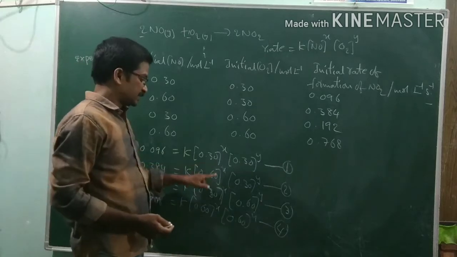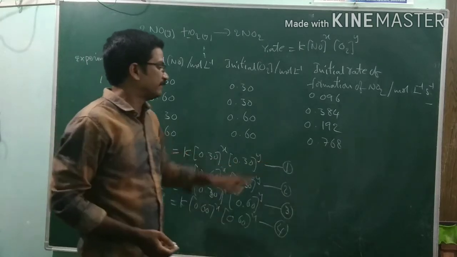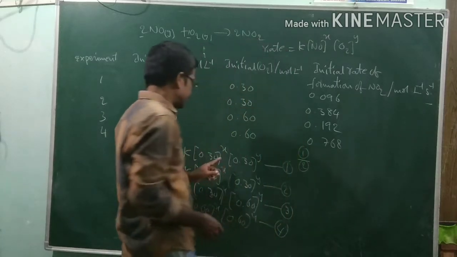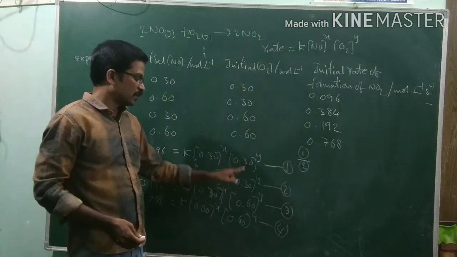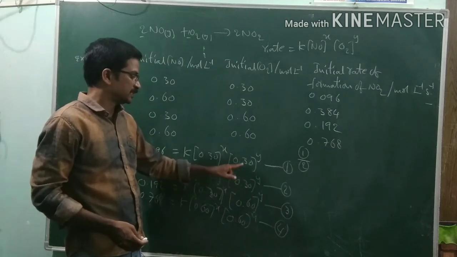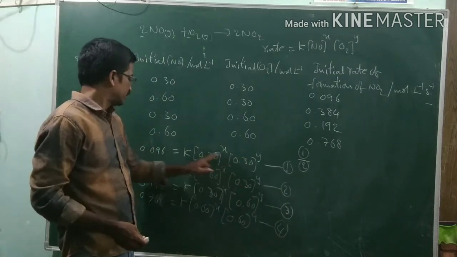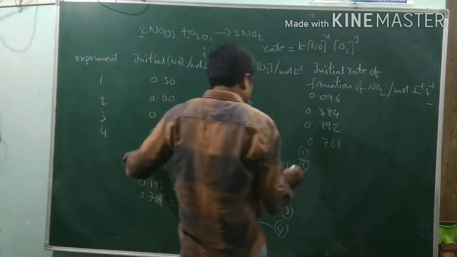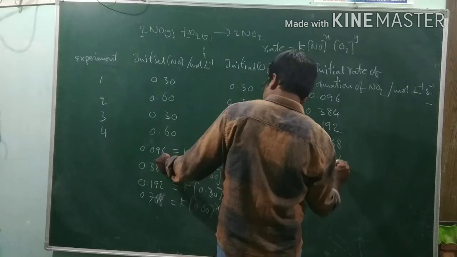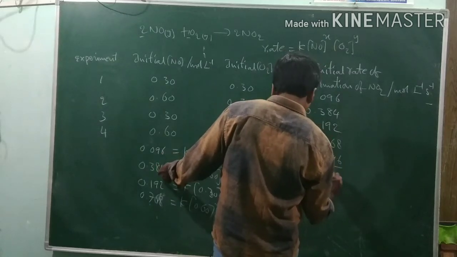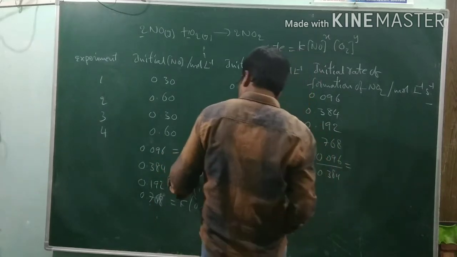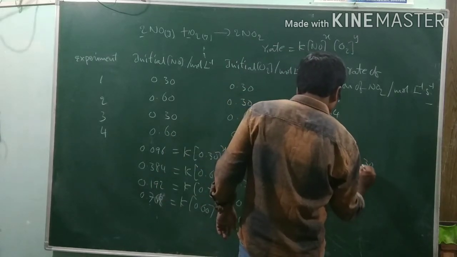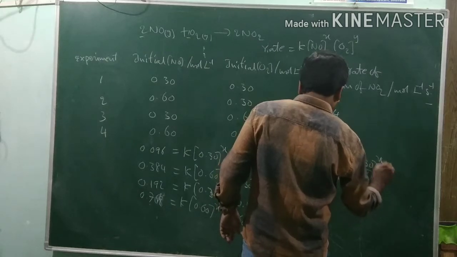How to get the x value? By dividing equation 1 by 2, you can get the x value, because these two cancel each other by dividing this one and this one. So you must write like this: 0.096 by 0.384 is equal to 0.30 by 0.60 to the power of x.